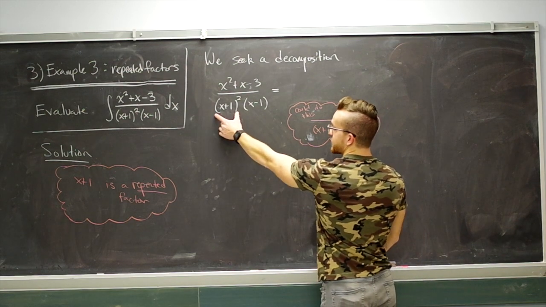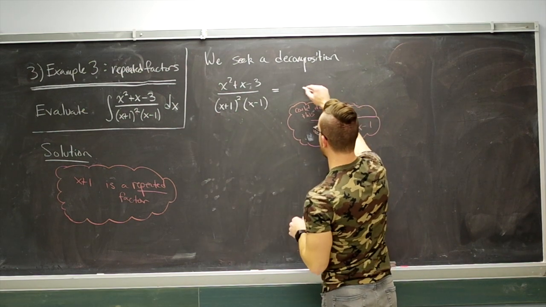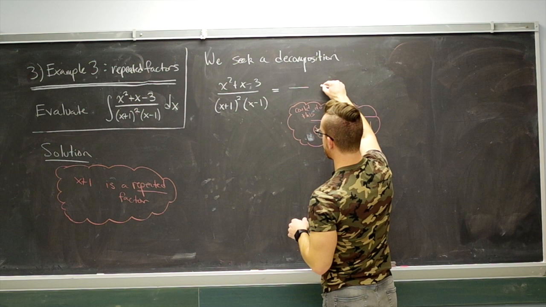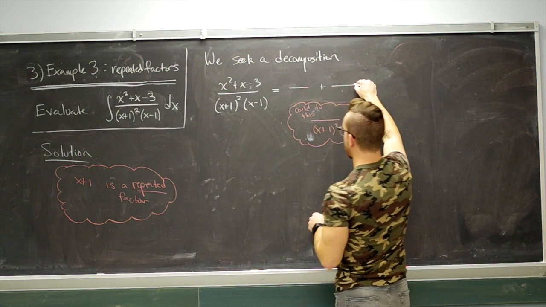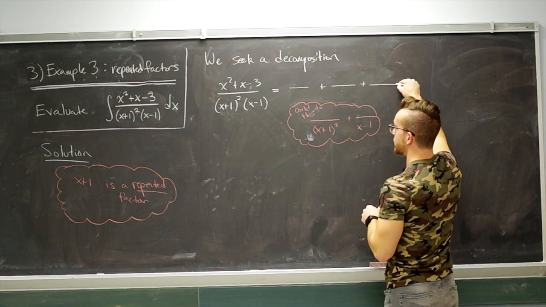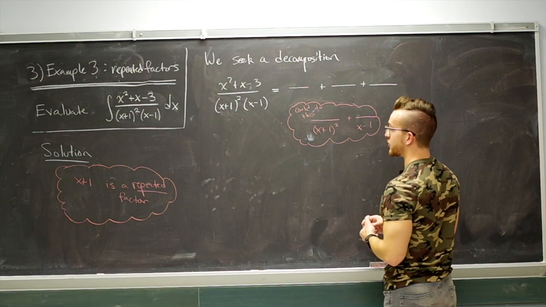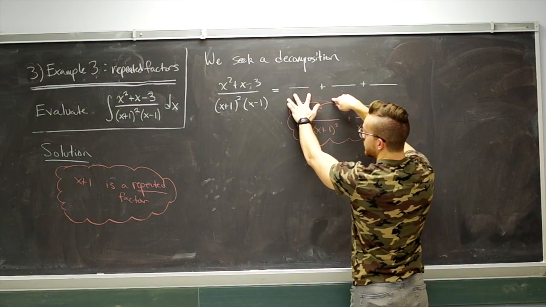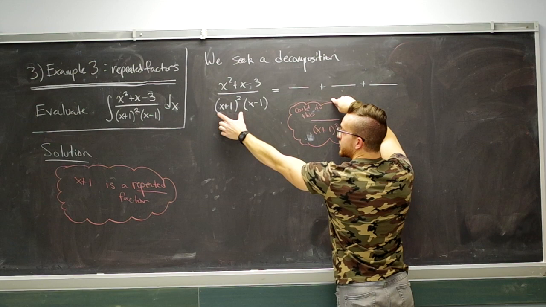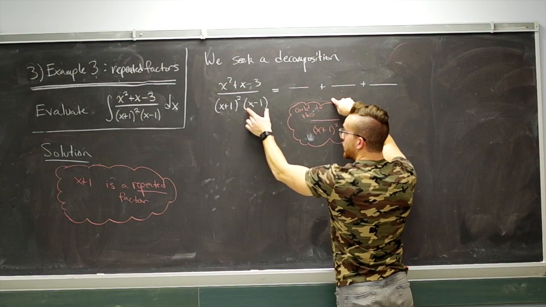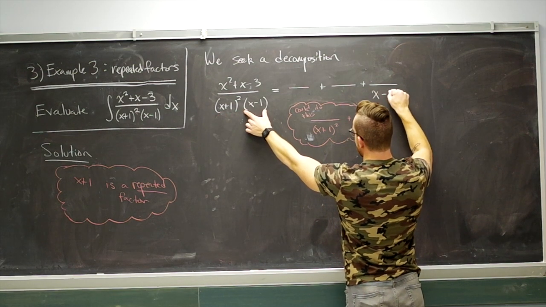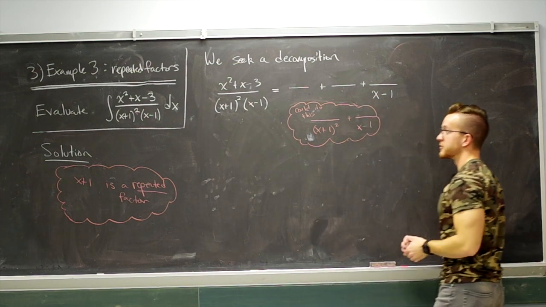So let's take this first factor, (x plus 1) squared. This is going to generate 2 terms itself. So in total, we'll have 3 different terms, 2 of which come from the repeated factor x plus 1, the last of which comes from x minus 1, this other linear factor.